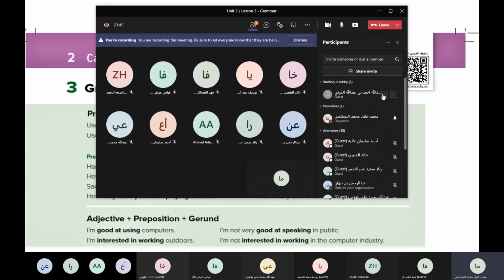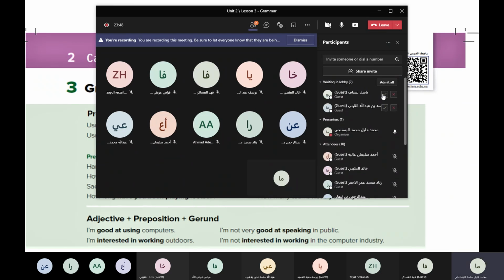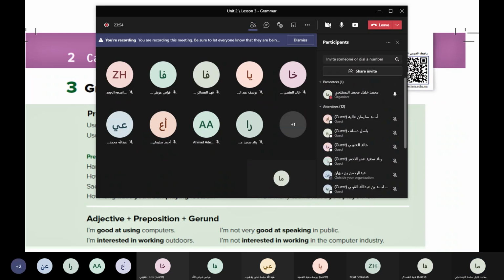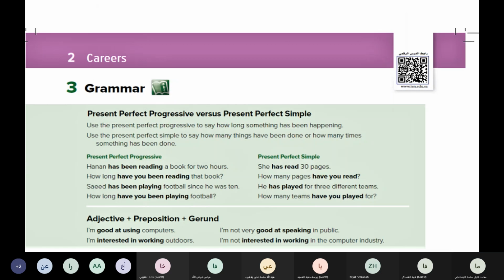And the present perfect tense is used when asking about the amount of something.